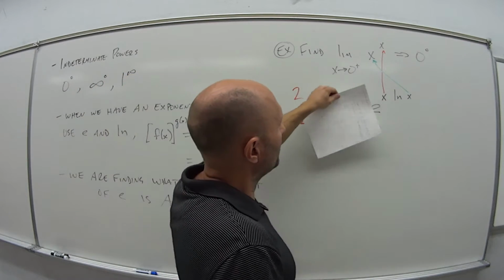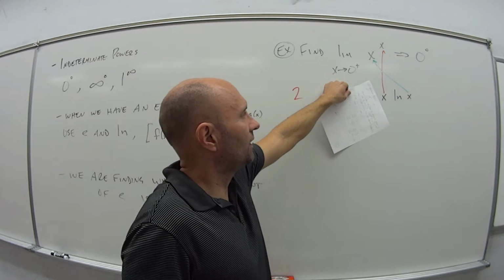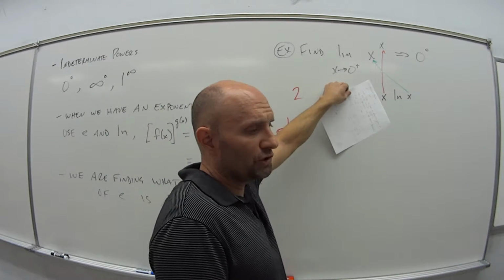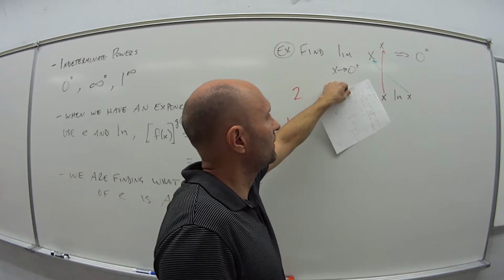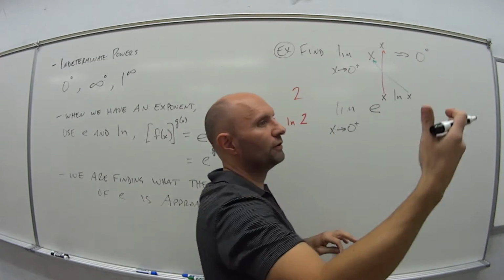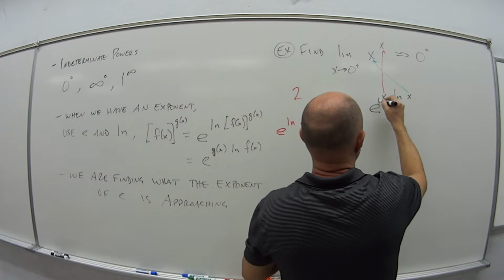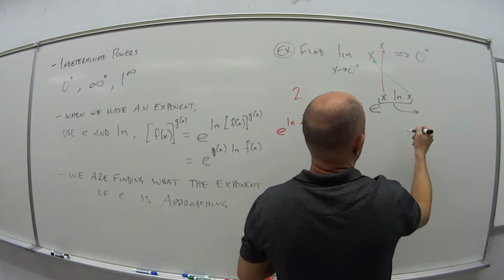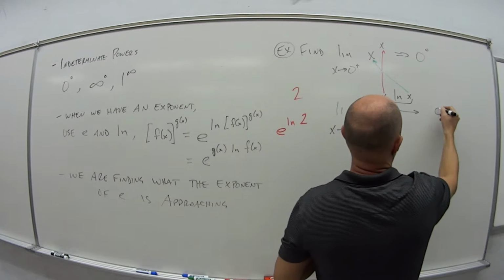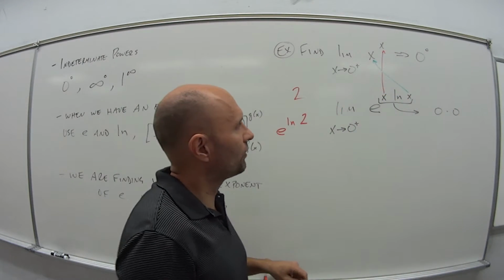Now I'm going to look at just the exponent, x ln x. We just saw this one in the products. If I plug in 0, I get 0 times 0, so I need to rewrite it so that I can apply L'Hopital's.